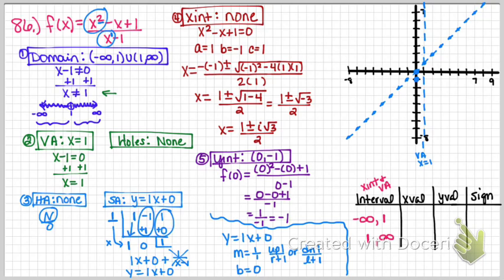So pick an x value. What's the number between negative infinity and 1? Negative 1. Okay. And between 1 and infinity? 2. So let's go plug in negative 1.